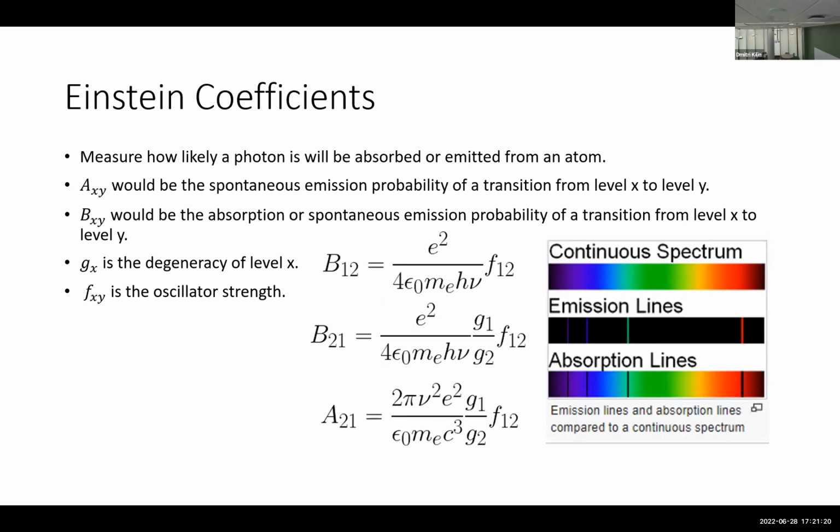And then the Einstein coefficients measure how likely a photon will be absorbed or emitted from the atom, where A is our spontaneous emission probability for the transition from level X to Y. B can represent either the absorption or the stimulated emission probability for the transition from X to Y. G of X is our degeneracy, which is how many states could be in one level.